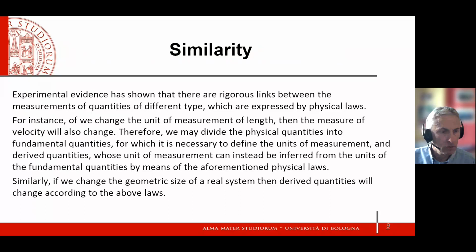Therefore, we may divide, in general, the physical quantities in two categories. One is the category of the fundamental quantities, for which it is necessary to define the units. The second category is that of derived quantities, whose units can be derived from the units of the fundamental quantities by means of physical laws.